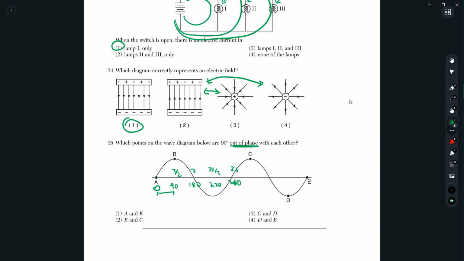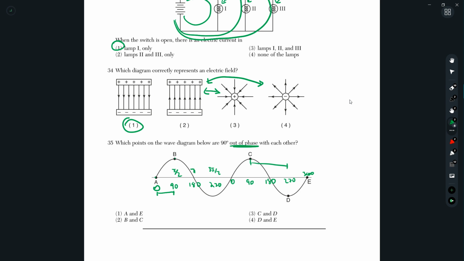If I was looking at C and D, if I started counting here instead, if I looked at this as like 0, 90, 180, 270, 360, then C to D, that's 90 to 270, that's 180, right? A to E is way too much.